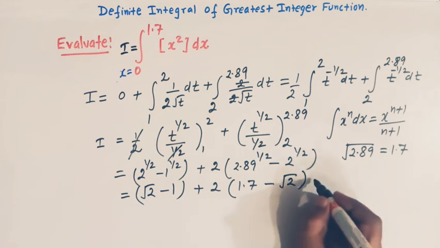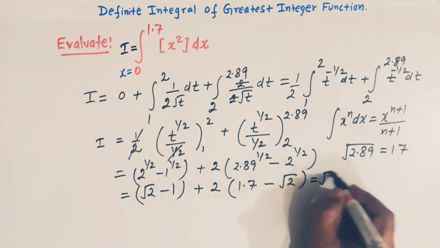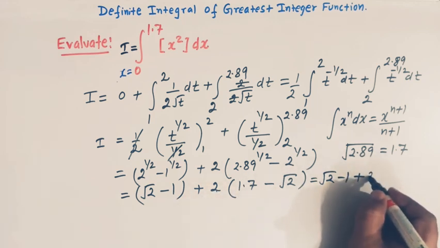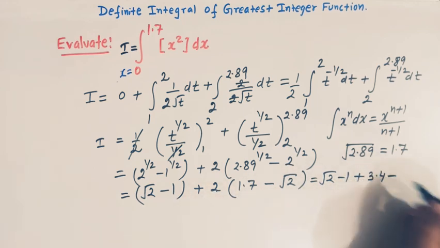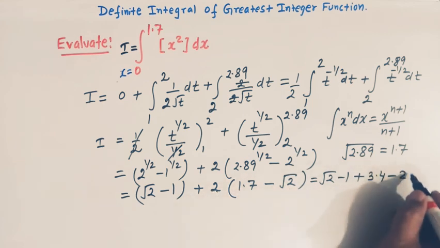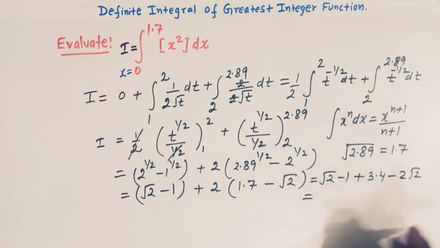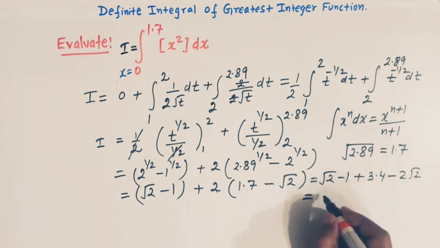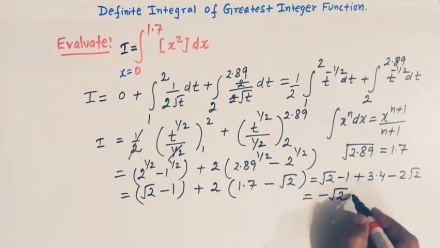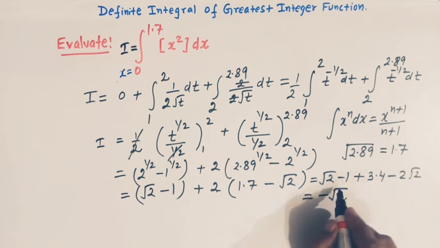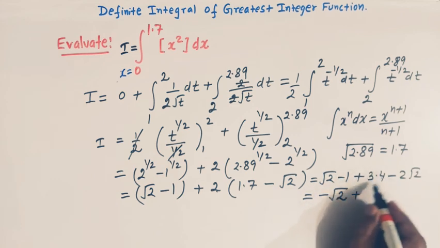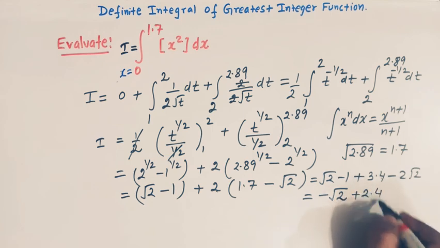Now we can simplify it. So this is square root of 2 minus 1, this is 2 times 1.7 which is 3.4, minus 2 root 2, and now simplifying it, square root of 2 minus 2 root 2 is minus square root of 2, and 3.4 minus 1 is 2.4, right?